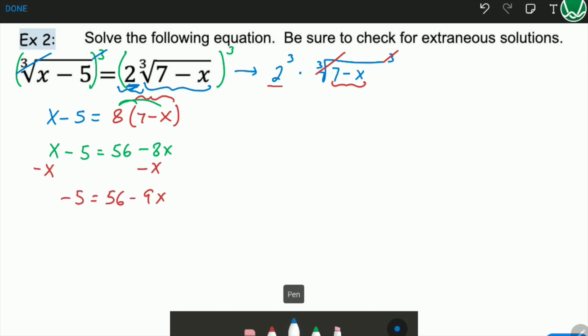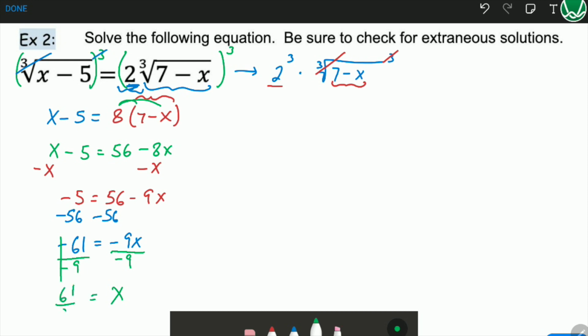And then from here, it is a two-step equation. So we will subtract 56 from both sides, giving me negative 61 equals negative 9x. And then divide both sides by negative 9. Do note the double negative cancels out, and I do believe that we cannot reduce this fraction, so it's just going to have to stay 61 over 9.